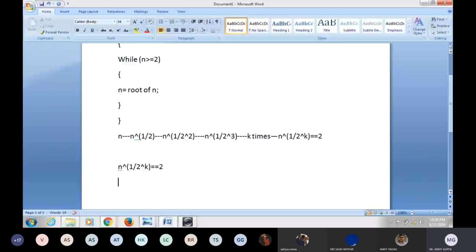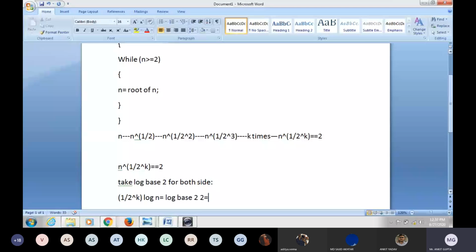I will take log base 2 for both sides. Fine. So here I will get 1 divided by 2 raised to the power k, log n is equal to log base 2 of 2.